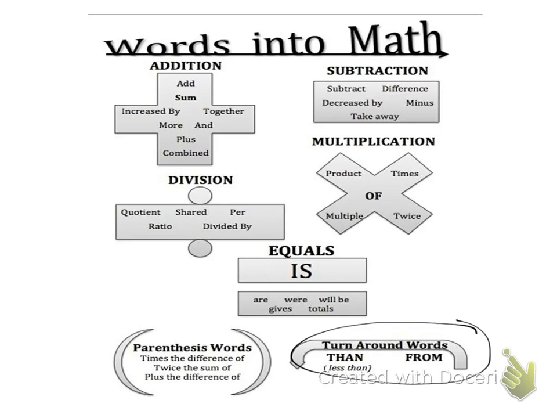That means 20 minus 10. But from is not used as much as than, and more specifically, less than. Now, sometimes you'll see more than. 3 more than a number would mean x plus 3. We flip it around, okay? So a turnaround word. That's one I really want you to make sure you understand.